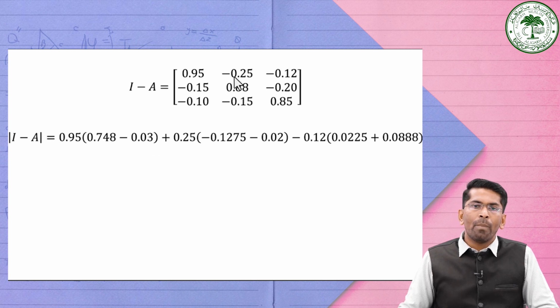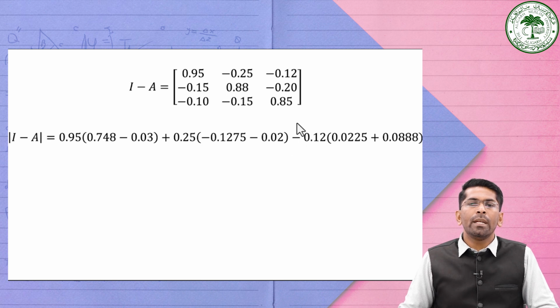Then minus 0.25, so it will become plus 0.25. Then crossing the second column and the first row, minus 0.15 into 0.85, which is equal to minus 0.1275. Then minus 0.20 into minus 0.10, which is equal to minus 0.02.